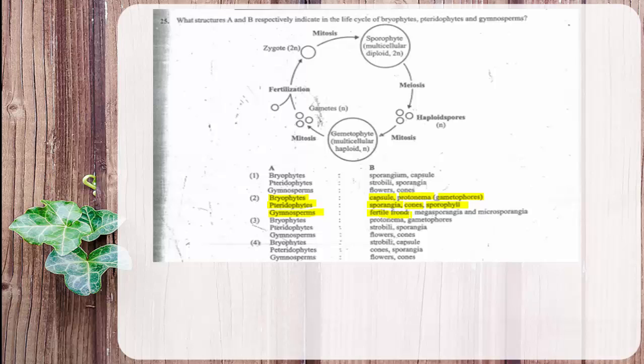Even fertile fronds, megasporangia and microsporangia are the terms used in gymnosperms. So for column A and column B, for this question, the right option is the option 2. So this is the correct matching with respect to A and B and given representation of life cycle.